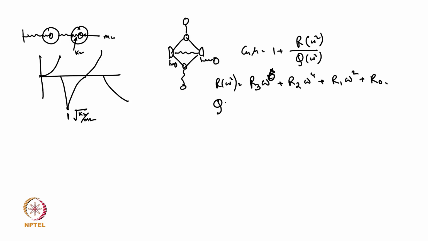Okay, similarly q can be written. Fine. Now here the order is a very important parameter. What is the order of the expressed polynomials?